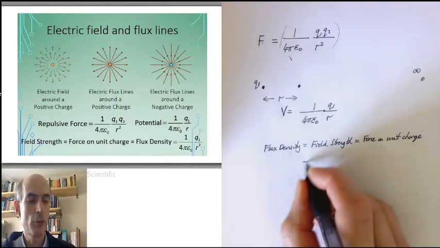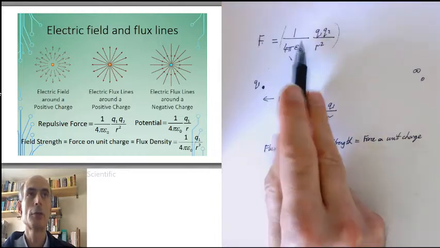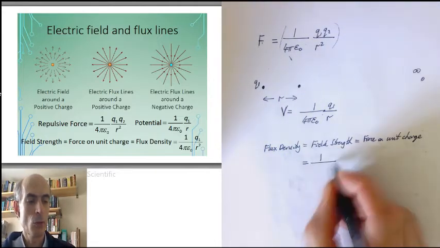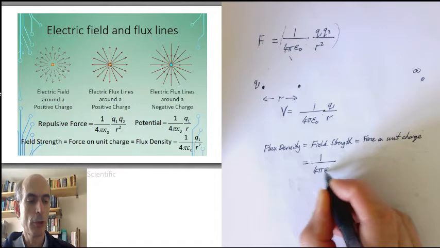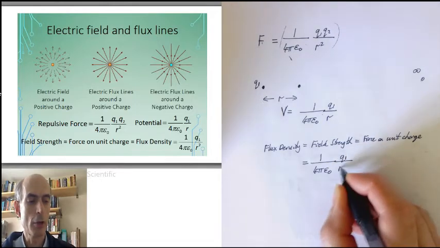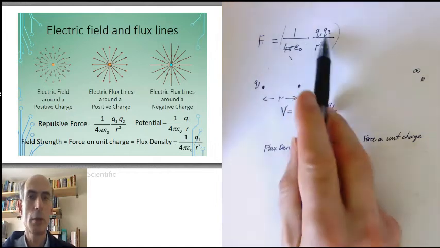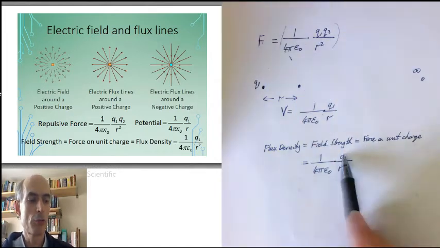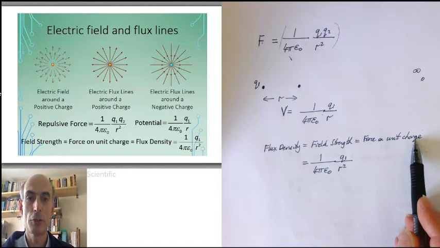And the force on the unit charge we can get from Coulomb's law here, 1 over 4 pi epsilon naught Q1 over r squared. And Q2 is just equal to 1 because it's the force on a unit charge that I'm concerned with here.